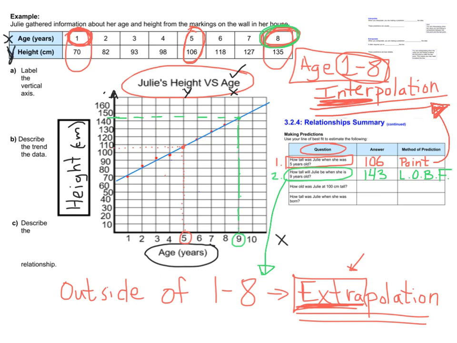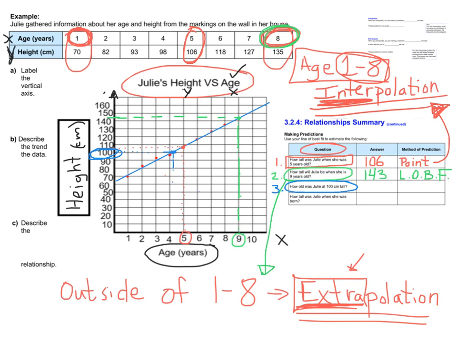Now let's take a look at number 3. Number 3 says, how old was Julie when she's 100 centimeters tall? So we actually have to go backwards here. We have to look at the 100 centimeters tall, which is right there, and work our way across. It touches the blue line right about there.